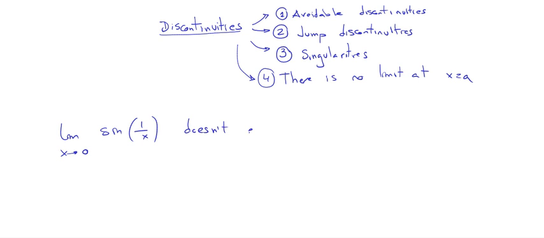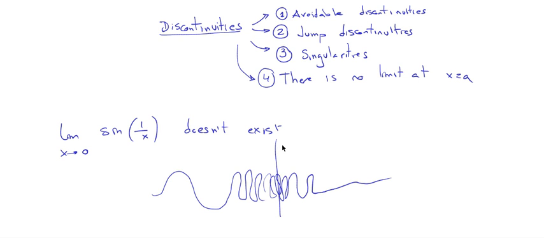We have seen, because this function does something like this and then starts to oscillate a lot, and it keeps oscillating, but around 0 it goes like this. The oscillations increase in frequency further and further, so there's no limit there. Okay, so in that case, what we have is a different kind of discontinuity, because there's no limit.